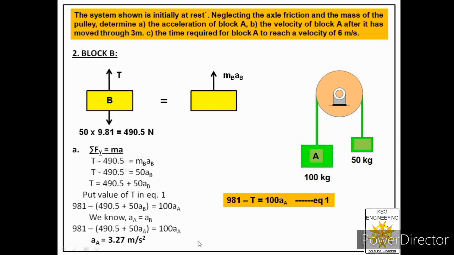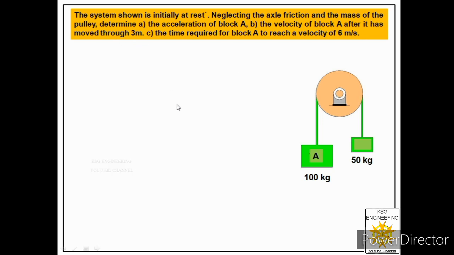And after this, we have to find the B part. In the B part, we have to find the velocity of block A after it has moved through 3 meters. Now we know block A is moving in downward direction. So distance is given to us as 3 meters.